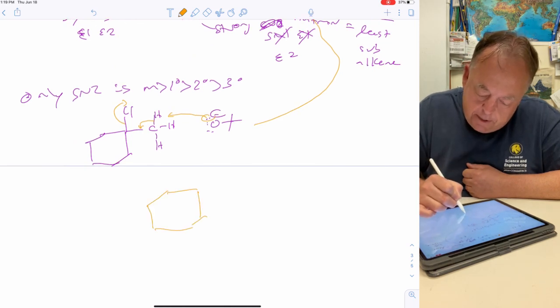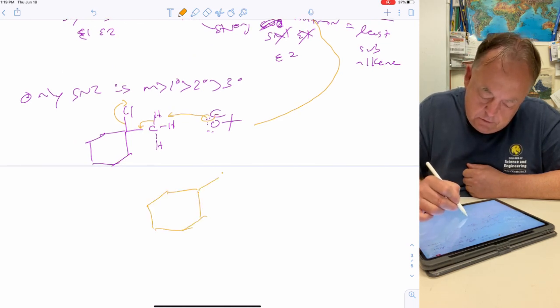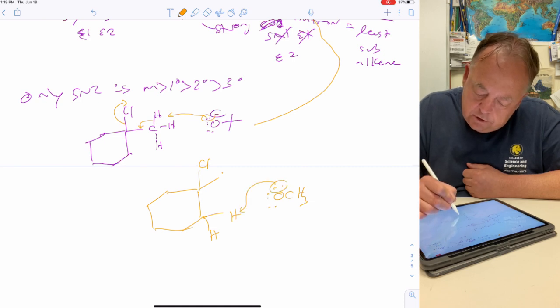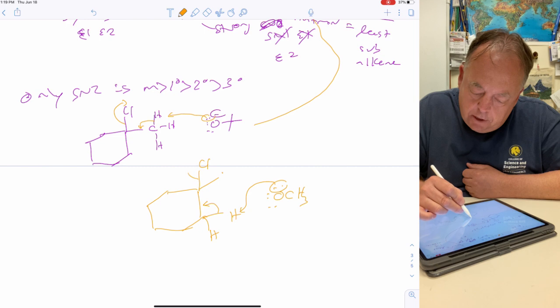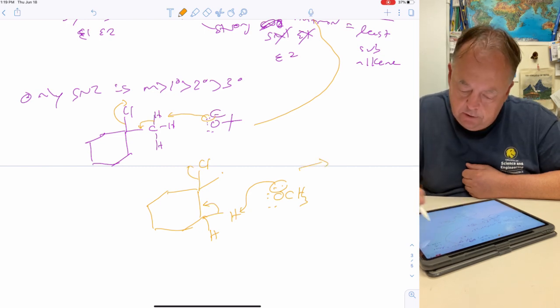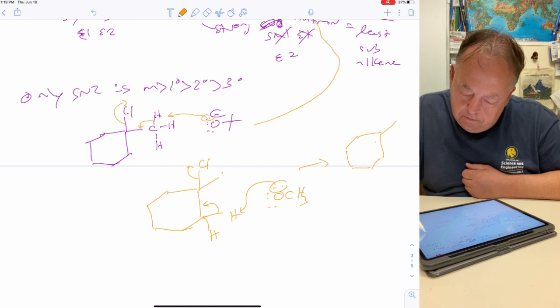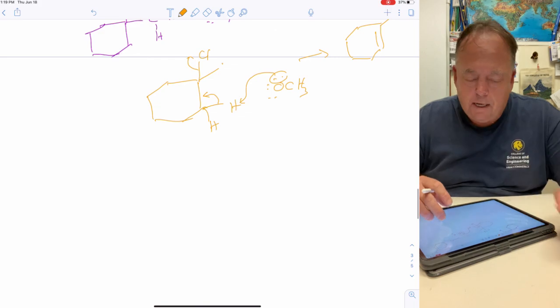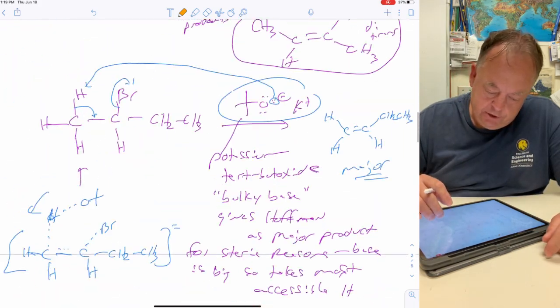Or if it's a small base, so sketch out one of these hydrogens on the OCH3 minus. Take one of those hydrogens, those electrons become a double bond, and chlorine leaves, and you would get that. Okay, and then there's one more concept here in the E2 elimination.